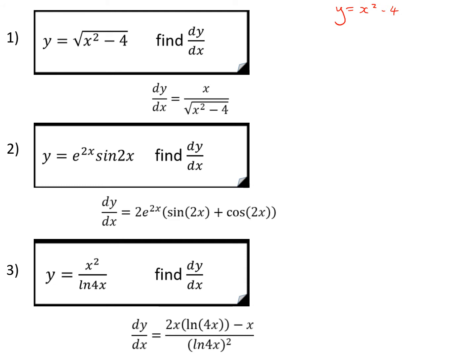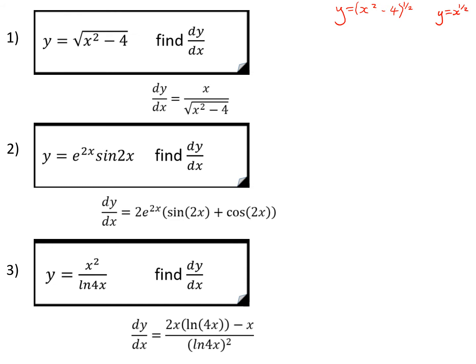So, think of how else you can rewrite a square root. Well, you can write it as a power of a half, can't you? Now, you can use a method called chain rule on this. I don't know how you've been taught it previously, but the way that I do it, imagine if the stuff inside of the brackets was just x. So it would be x to the power of a half.